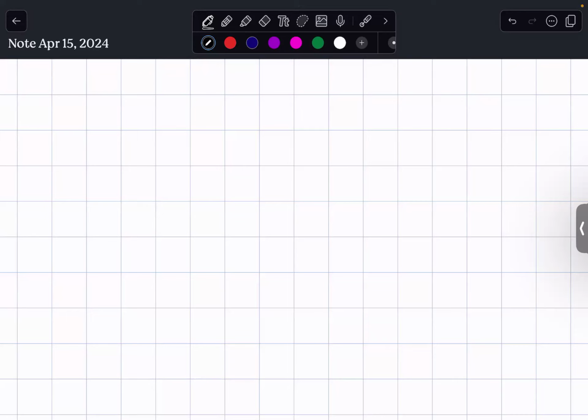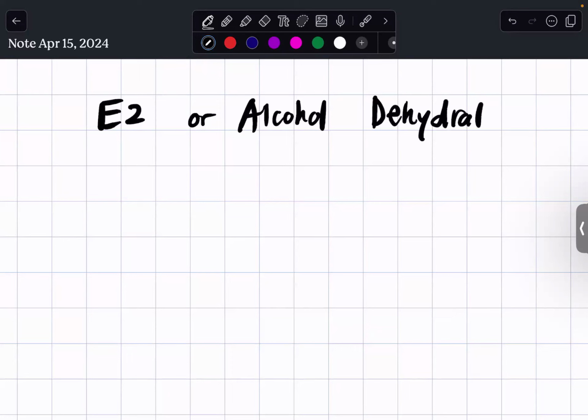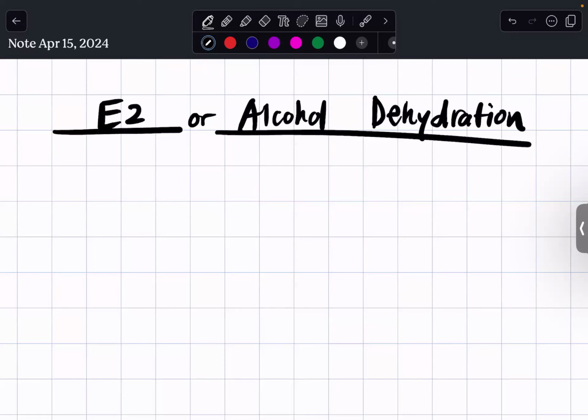Okay, so first let's go over how to prepare alkenes. There are two ways that we could do that: primarily E2 or alcohol dehydration. And here are the reactants that you will see if you have an E2 reaction or an alcohol dehydration.